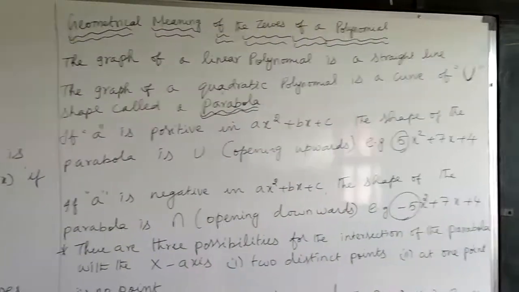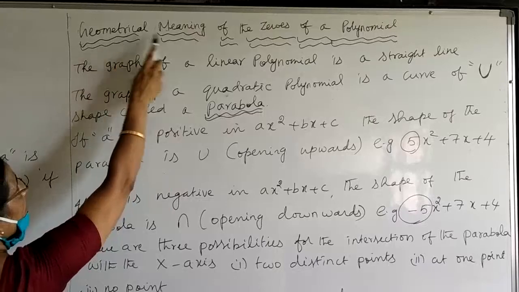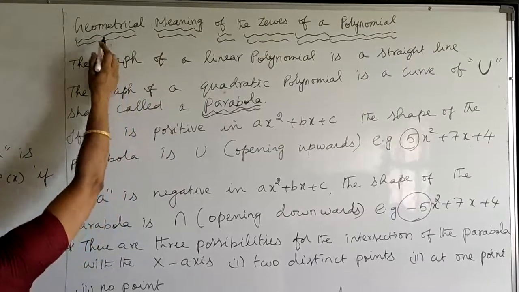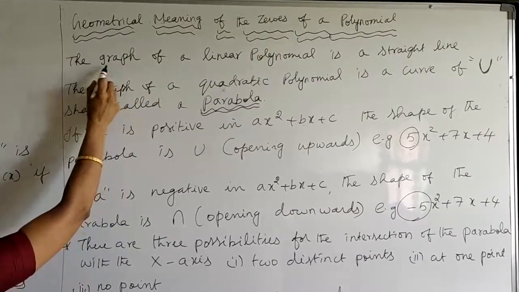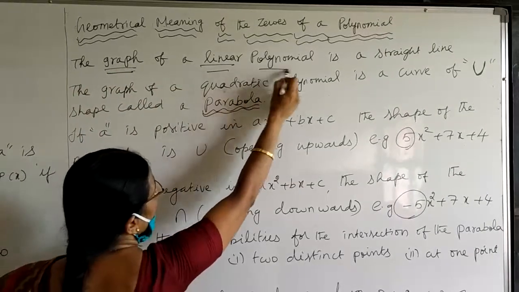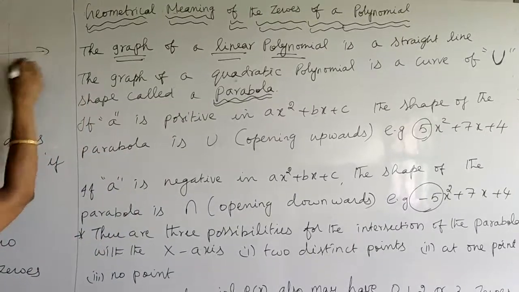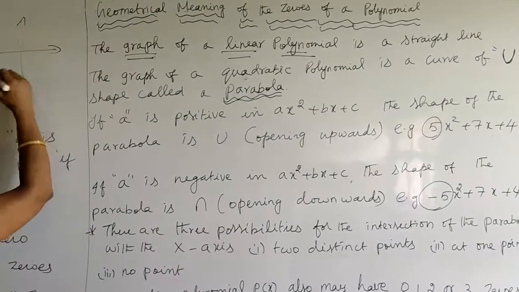Then comes geometrical meaning of the zeros of a polynomial. Geometrical meaning here refers to the graph. If we draw the graph of any linear polynomial, we will get a straight line.